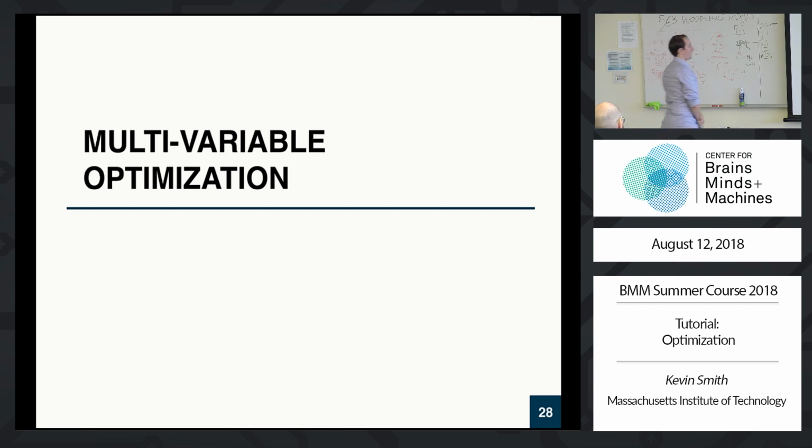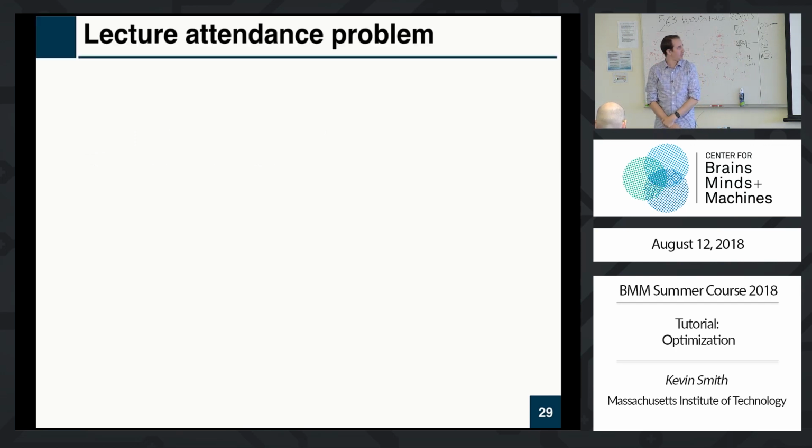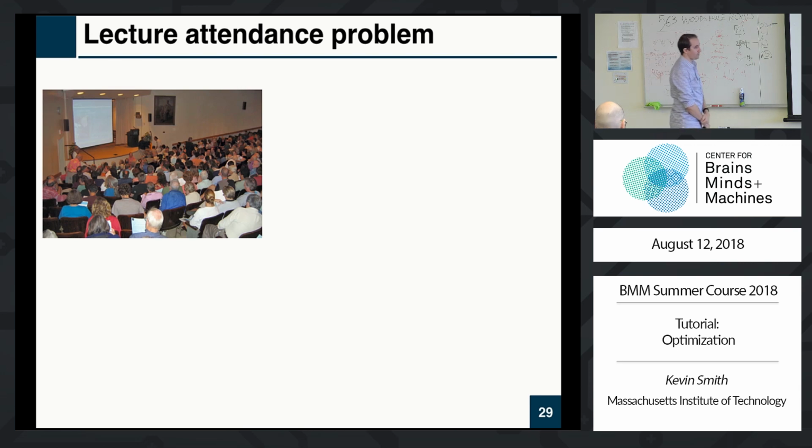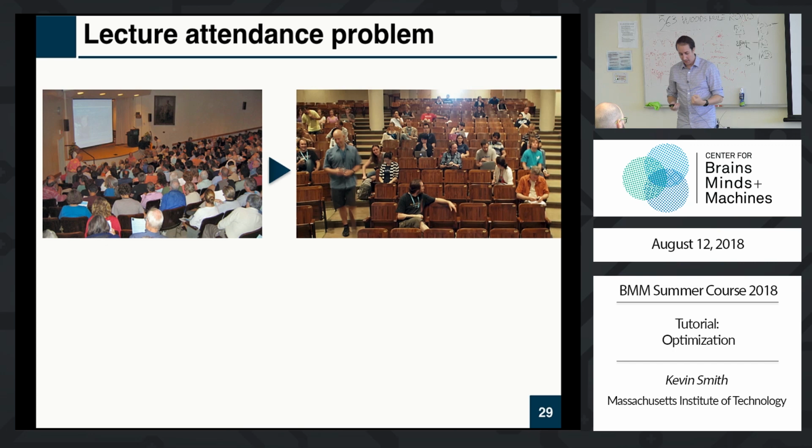How about multivariable optimization? Well, let's start with a problem where, at the beginning of the course, people are filling up the lectures. Everyone's bright and chipper. And then as time goes by, the attendance starts to drop off.